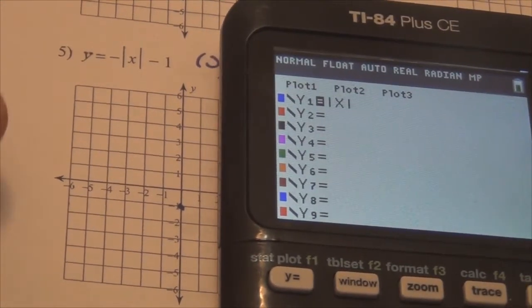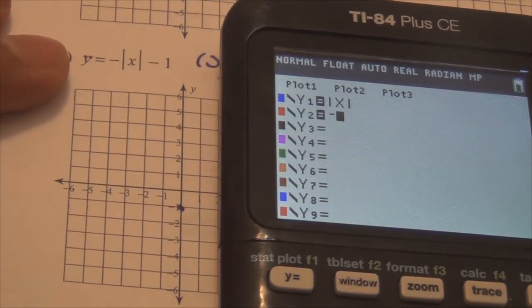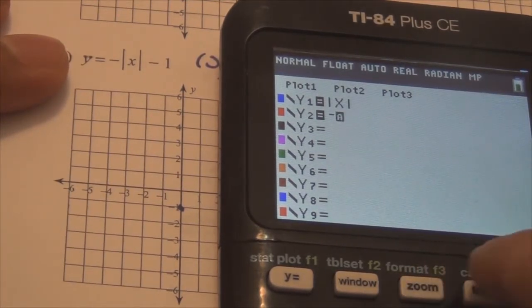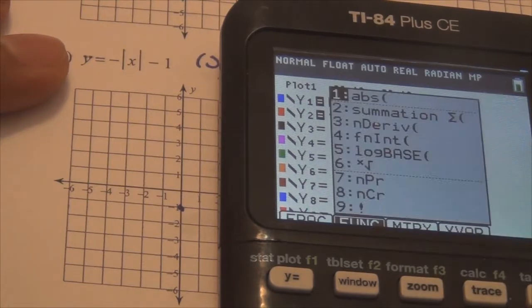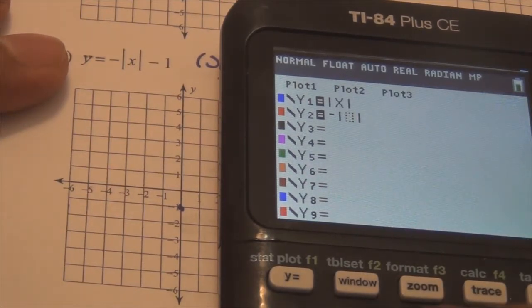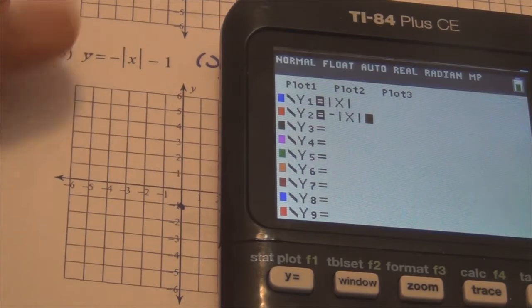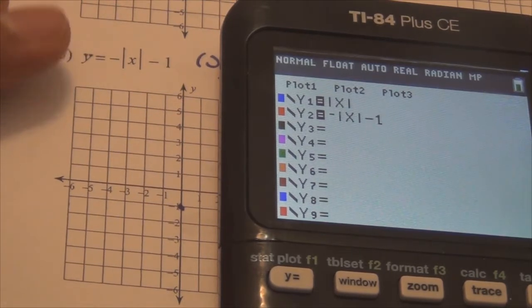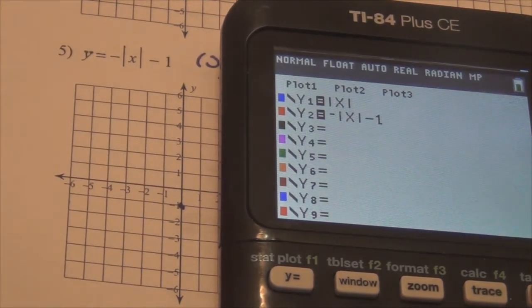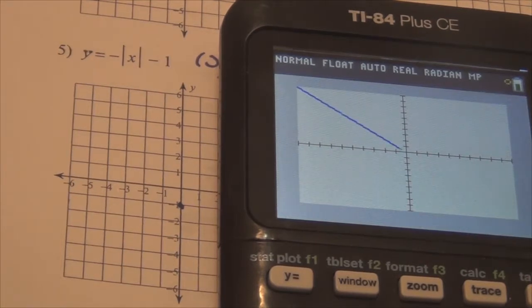All right, so what was it again? The negative is outside. And then we put absolute value of x and then -1. Okay, so let's see how this changes. So this is the original, the parent function, and then the other one.